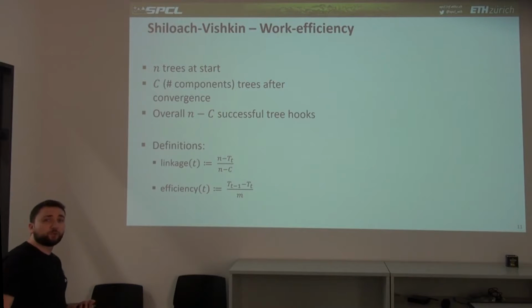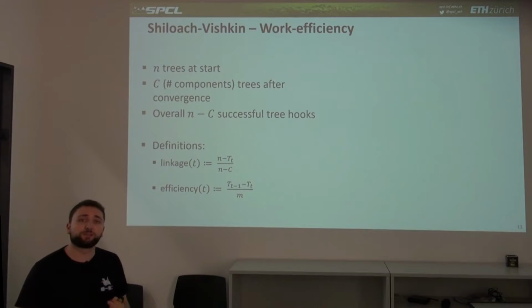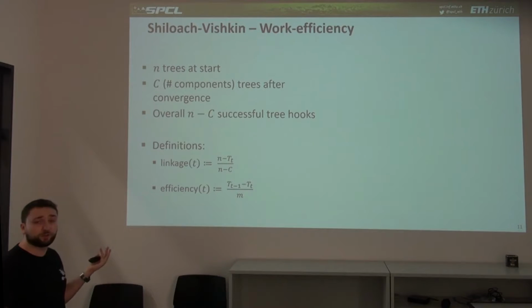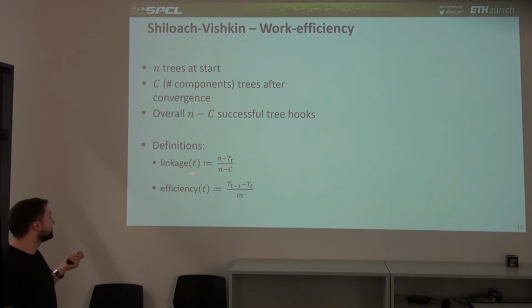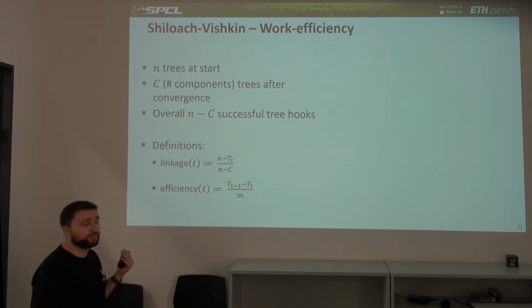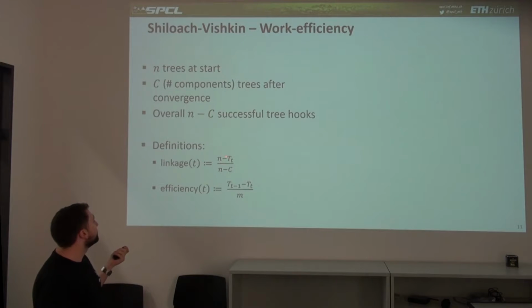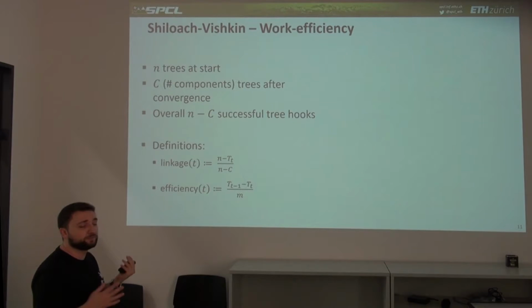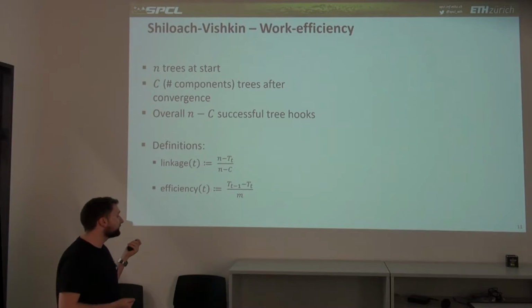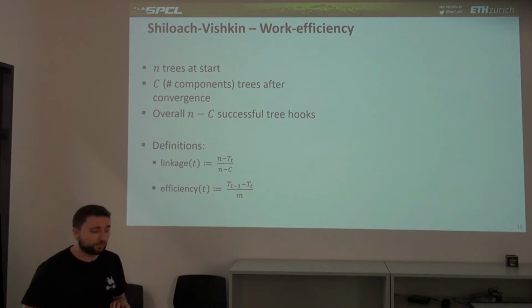Now, in the paper, we define two measures to analyze the convergence of the Shiloach-Vishkin algorithm and also our algorithm. One of them is linkage. Linkage is very straightforward. The numerator contains n minus the number of trees at iteration t, and the denominator is n minus c, which is the overall work that we have to do.